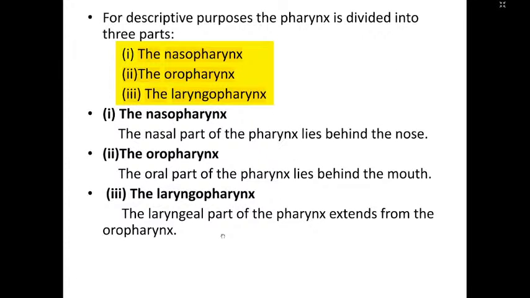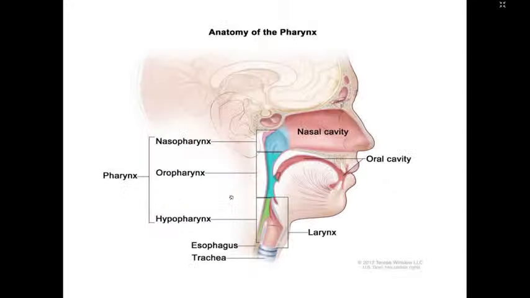Okay, so as we discussed, the pharynx has 3 main parts: nasopharynx, oropharynx, laryngopharynx, and inferiorly it is continuous with the esophagus, and the trachea starts after the laryngopharynx. This is another nice diagram. The blue part is representing the pharynx.